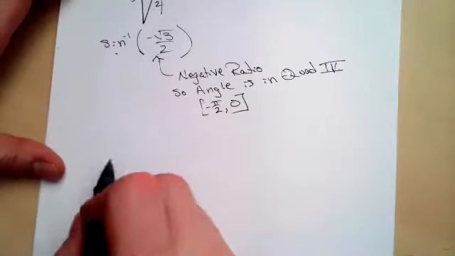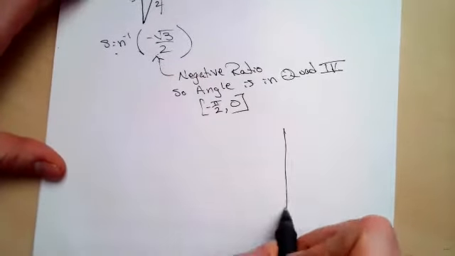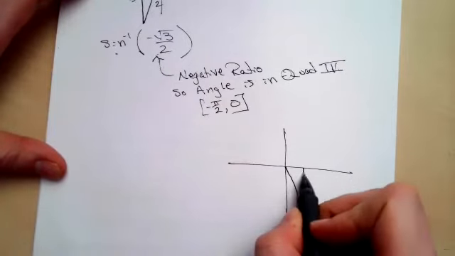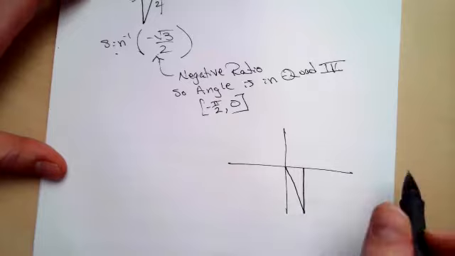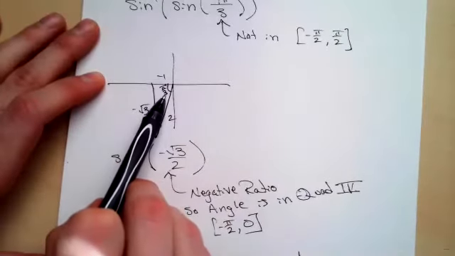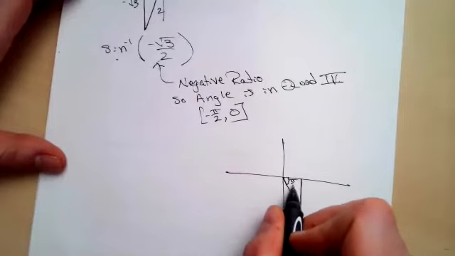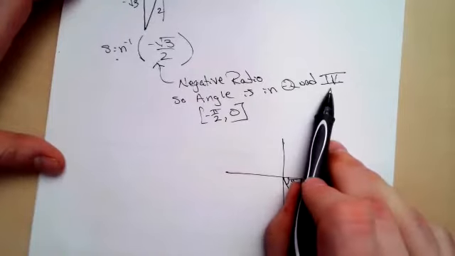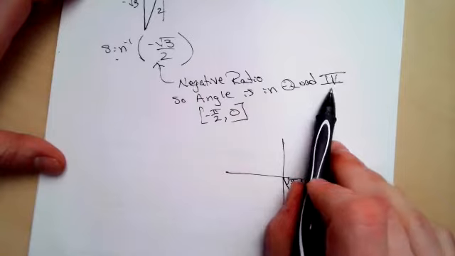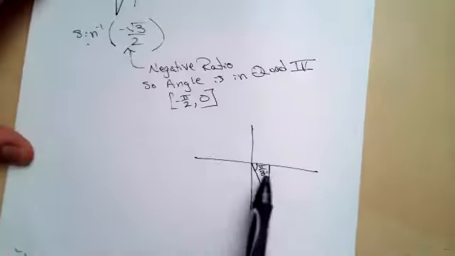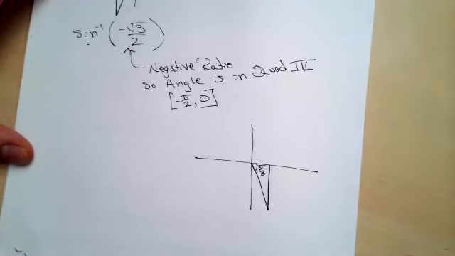So our answer for this guy is, now we need a pi over 3. The reference angle is still going to remain the same. The reference angle for that guy was pi over 3. So our reference angle is always going to be pi over 3. It's just going to change quadrants if the original angle wasn't between minus pi over 2 to pi over 2.